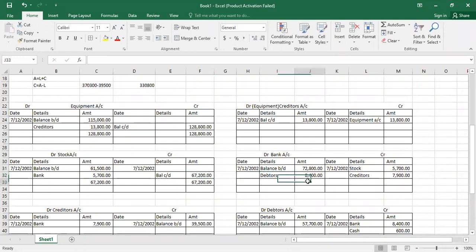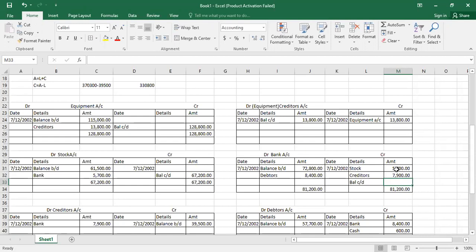Then I have, now this one you have to look at which side is having more. Obviously, this side seems to have more values. So the total is 81,200. My balancing figure will be the difference. Balance carried downward will be equal to, now this is 81,200.